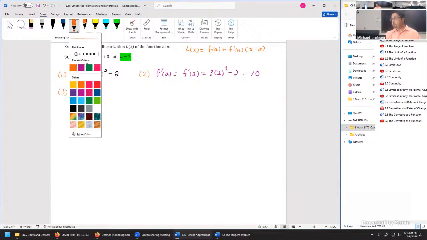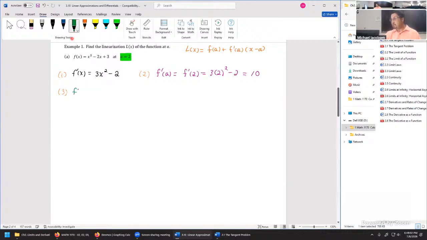So here's the a value. F at a, notice we called that f, that's the original function f above here. This is now f at 2, which becomes 2 cubed minus 2 times 2 plus 3. So this is 8 minus 4 plus 3. So that's going to be altogether 7. So that's the y-intercept of the linear function.